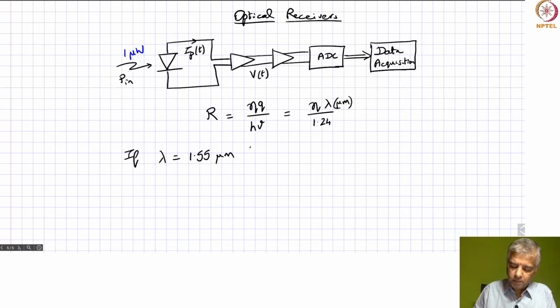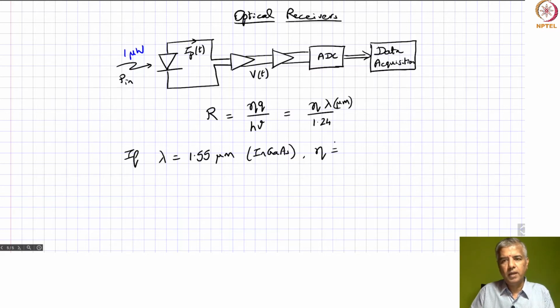That would be an indium gallium arsenide detector. If you design your structure right, with enough width to absorb most of the light incident on the photodiode, you can typically achieve eta values in the order of 0.9.